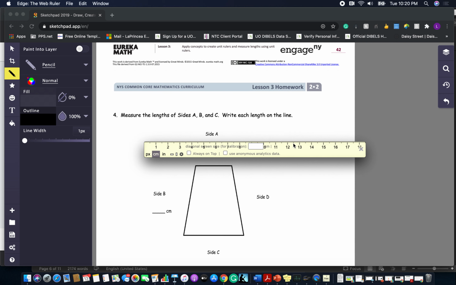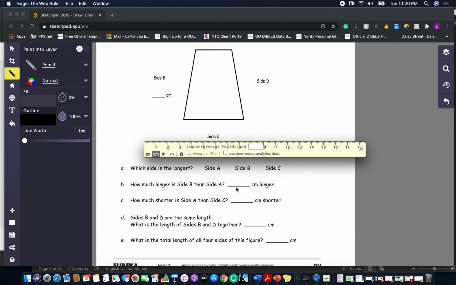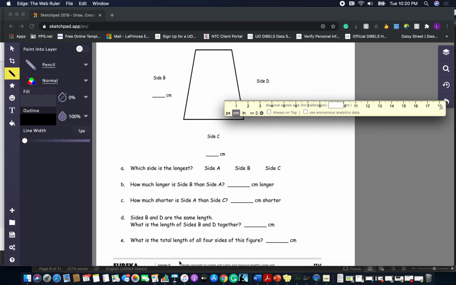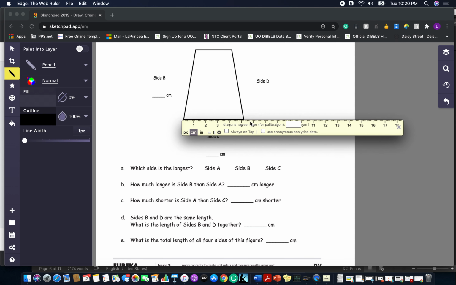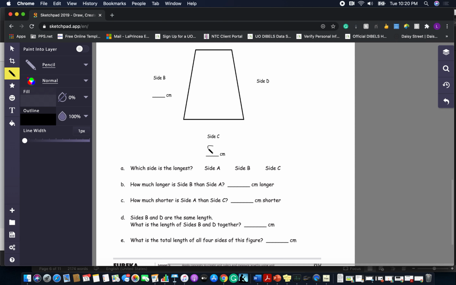So this lesson, it's pretty quick. We're going over how to use a centimeter ruler, which the gist of it is that you have to start at the 0 point. And then you are going to be required to answer some questions about your side. And if I wanted to measure the bottom one here, that would be 5. So I would write a 5 in there.